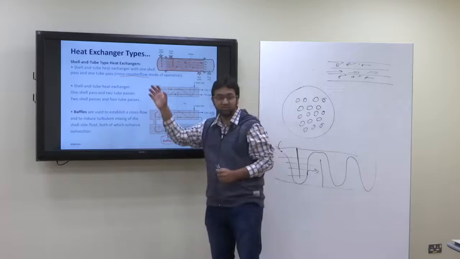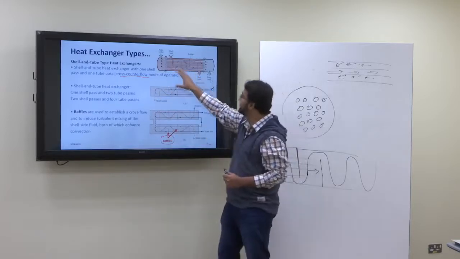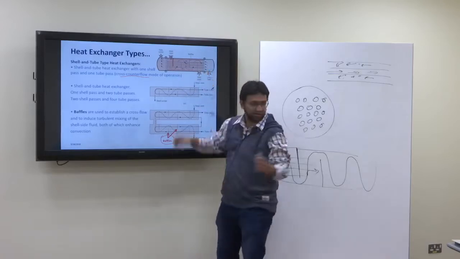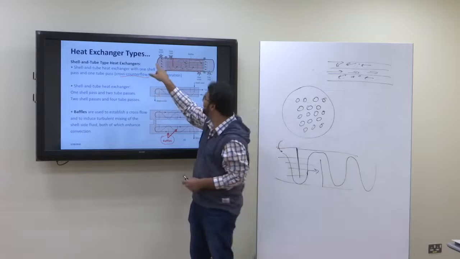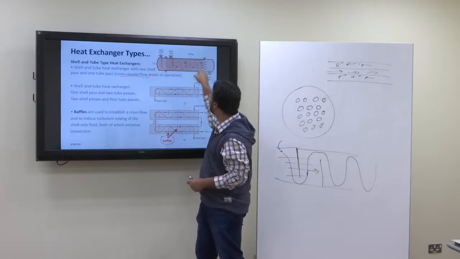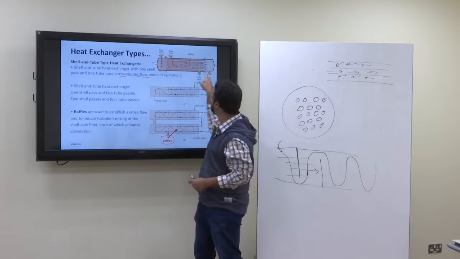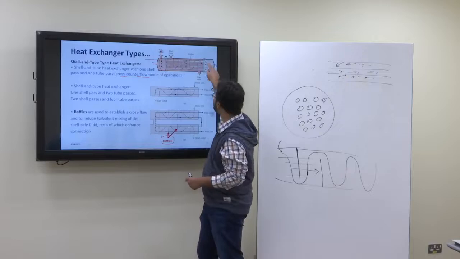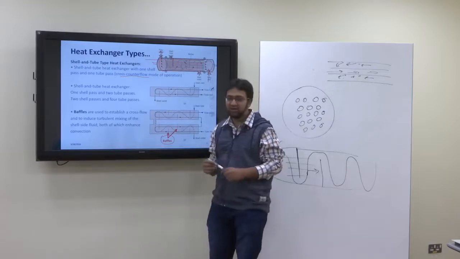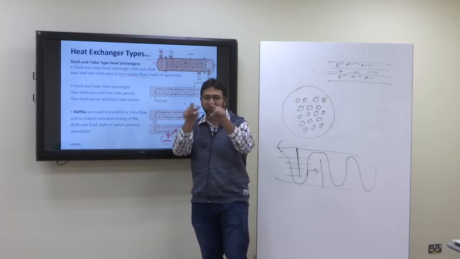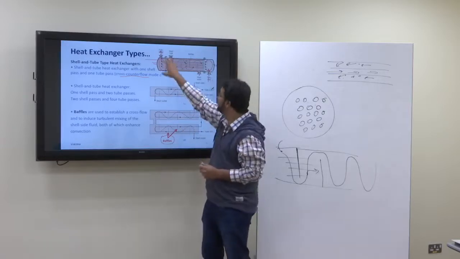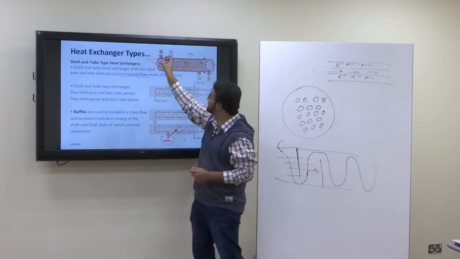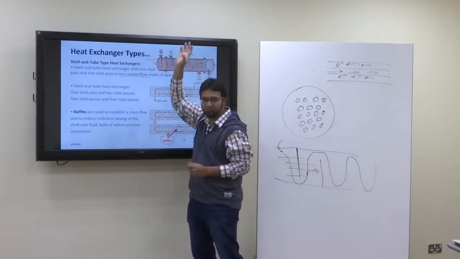Now look at the picture. You have a shell, you have so many tubes. In the model that I have shown you, the tube side flow enters from here and leaves from here, but here it is shown differently. Anyway, this is the header area, through which it is connected to many tubes. The fluid enters, and then again recollects at the header area and goes out.